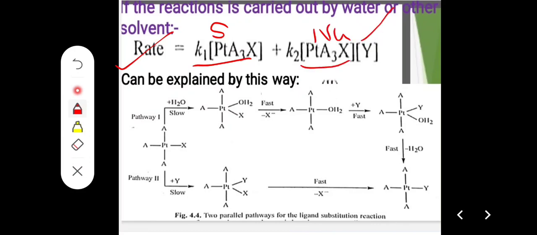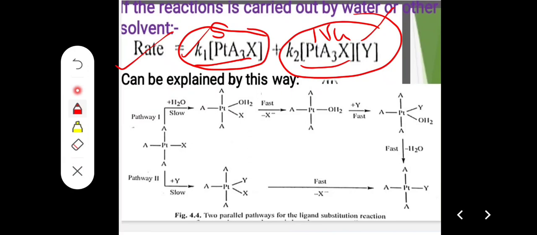Because the nucleophile is Y, this rate also depends upon the concentration of Y and the concentration of the initial complex. But as solvent is in excess, the solvent pathway does not depend on solvent concentration, only on the initial complex concentration.